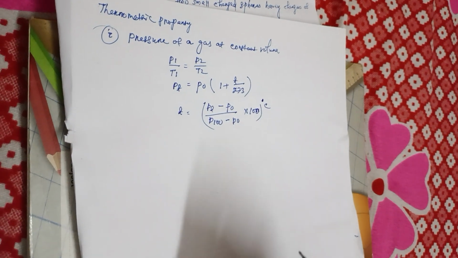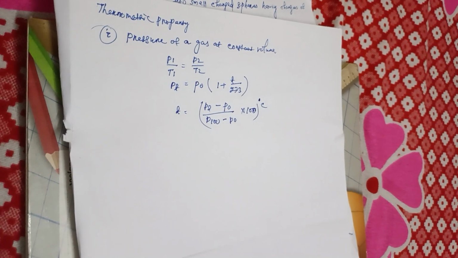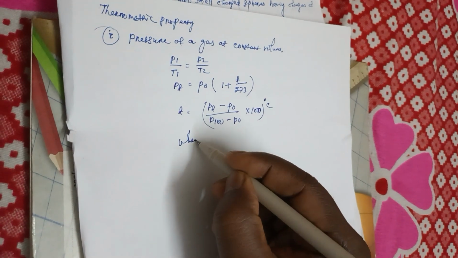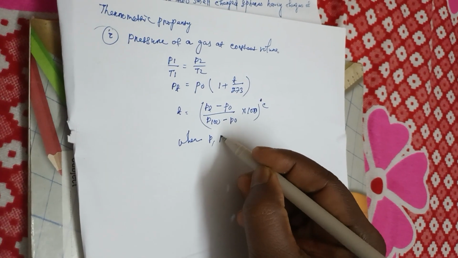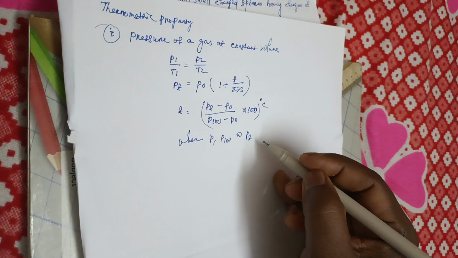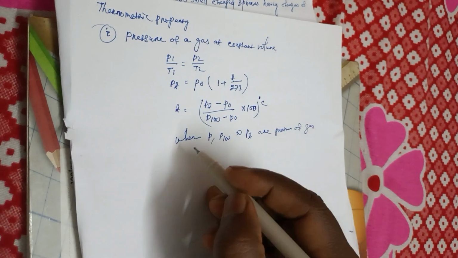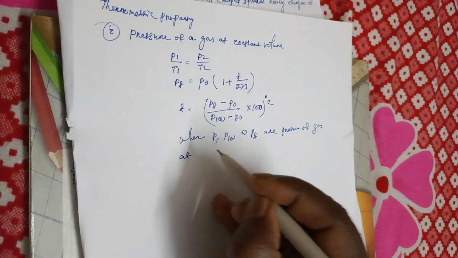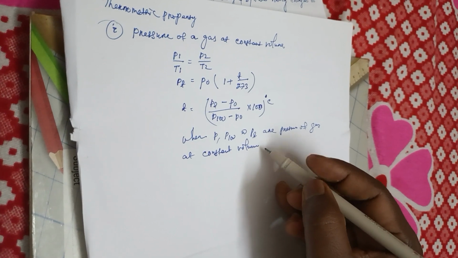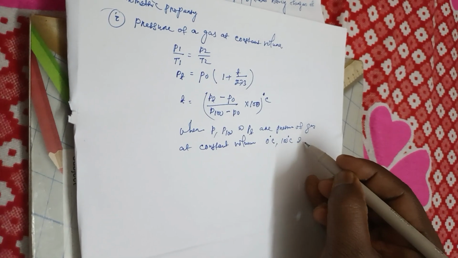where P100 and Pt are pressure of gas at a constant volume at 0 degree centigrade, 100 degree centigrade and T degree centigrade.